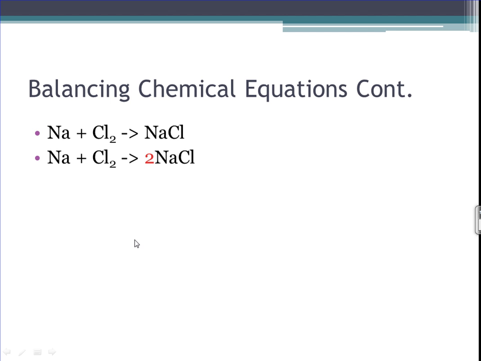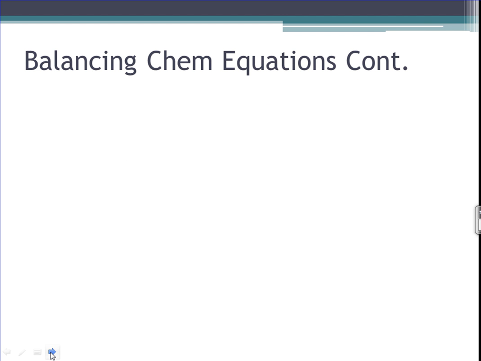If you said place a 2 in front of the product, you would be correct. So now I have 2 salt molecules and I have 2 chlorines. But I also now have 2 sodiums. So how am I going to continue to balance this out? Well, I have to put a coefficient in front of the sodium, and now I have a balanced chemical reaction.